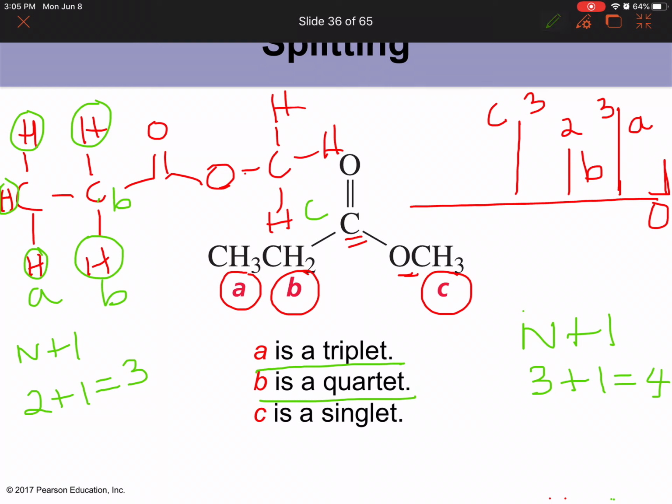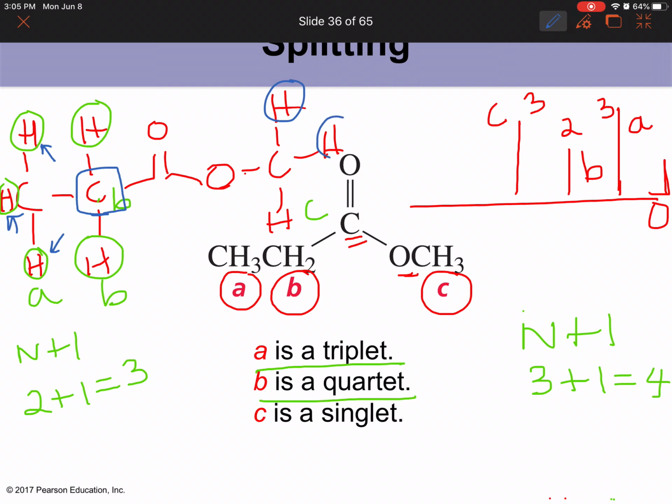So these B hydrogens on carbon B are going to split due to these 3 hydrogens. N plus 1, 3 plus 1, 4. It's a quartet. And then we have the C hydrogens.